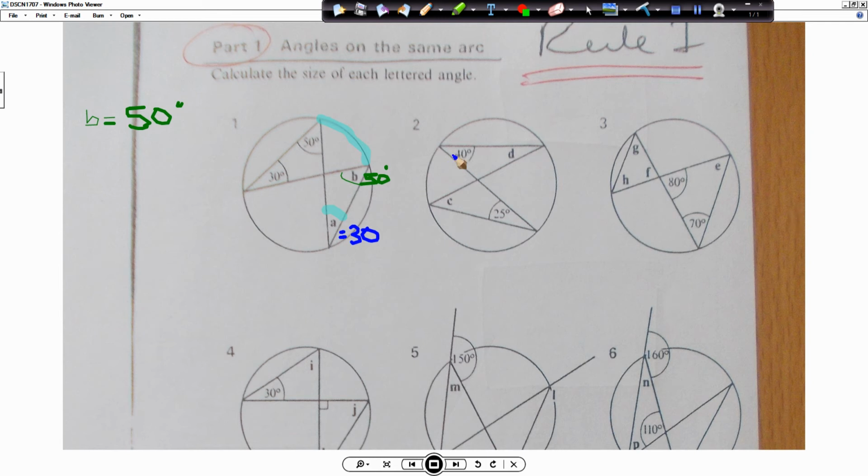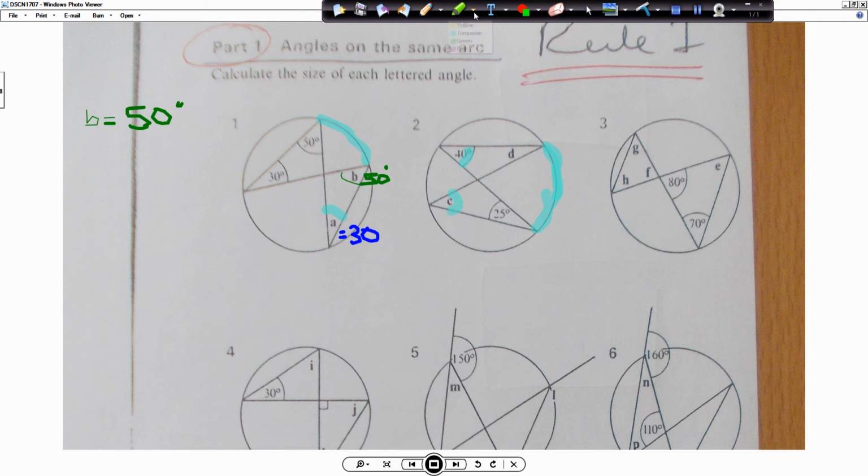Next question. Let's have a look at the next question. We have an arc here, sideways. Based on this arc, which angles will be the same? This one and this one.